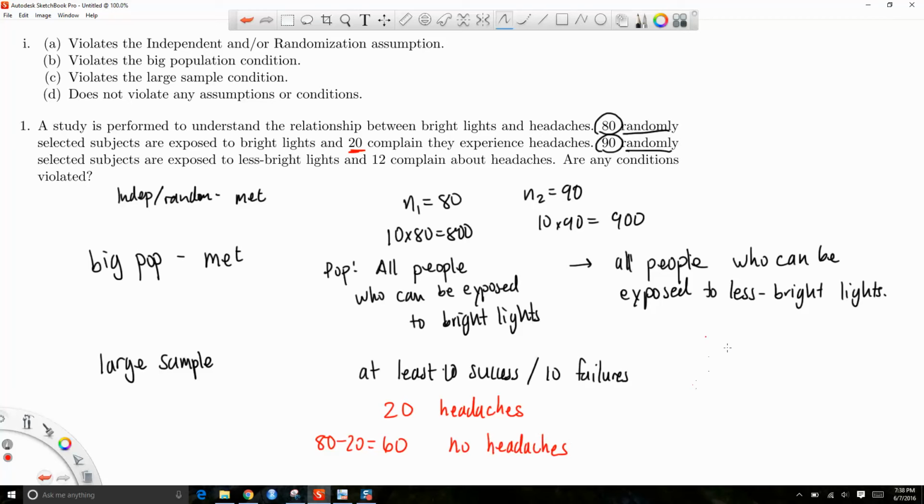And over here we have 12 with headaches, and that means 90 minus 12, or 78, have no headaches. So the large sample condition is also met, because we have at least 10 successes and 10 failures.